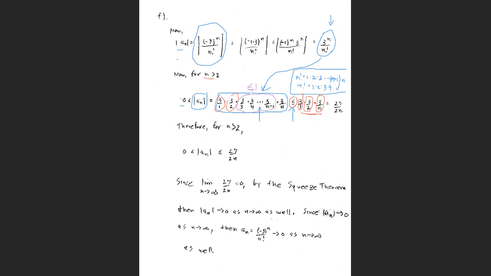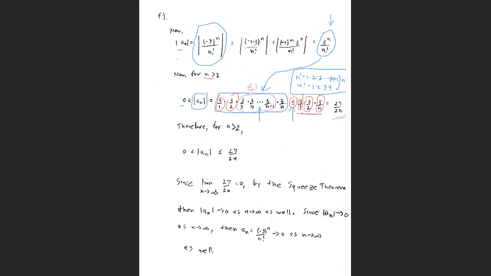Right? At highest, it would be 1 if you just had 3 over 3. That would be if you were the third term of the sequence. But it's going to be less than or equal to 1. And so this is true. But this simplifies to 27 over 2n.